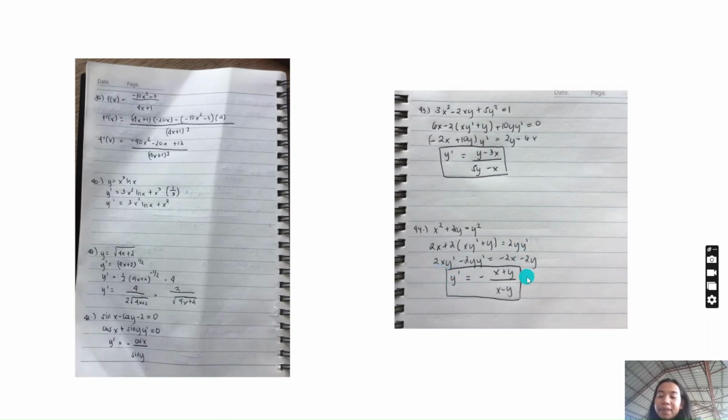And since we also have negative 2x minus 2y divided by the quantity beside the y prime, hence we have obtained negative x plus y all over x minus y. So that is how meaningful implicit differentiation is. Hope you have understood all the rules in the application of derivatives. It contains the product, the quotient, the chain, the power, and also the implicit differentiation.